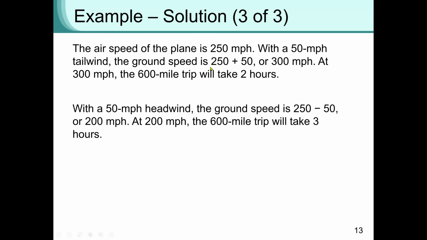And also the ground speed is 250 plus 50, or 300 miles per hour. At 300 miles per hour, the 600 mile trip will take 2 hours. But with a 50 miles per hour headwind, the ground speed will give us 200 miles per hour. So that's why at 200 miles per hour, the 600 miles will take us 3 hours.